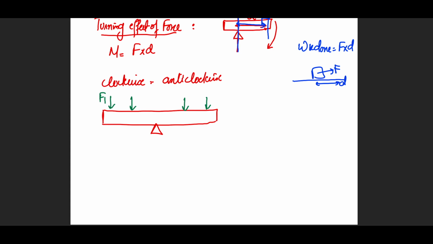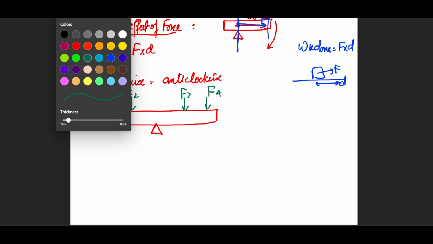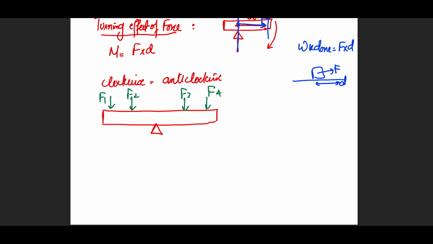Let's say this is F1, this is F2, this is F3, and this is F4. If this is in equilibrium, then the whole moment of the scenario will be balanced, and the equation is designed around the pivot. There will be an equal to sign. Now look at the arrows. This is trying to rotate the rod in this direction.